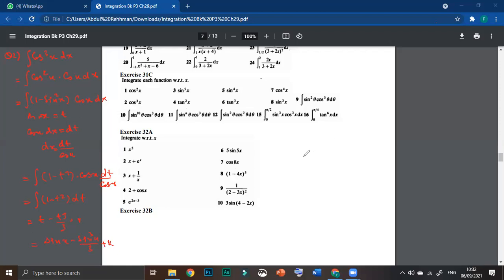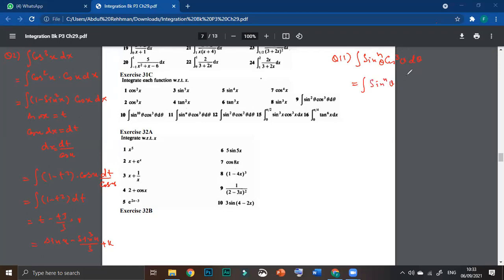Now I will solve the most difficult question, question number 11: sin to the power n theta cos cube theta d theta.